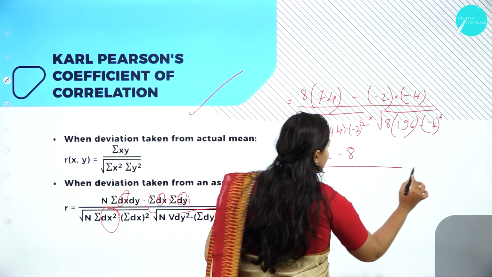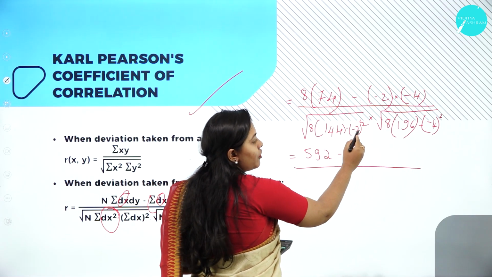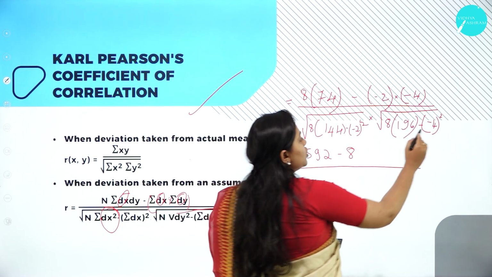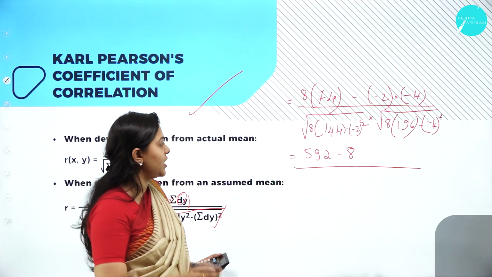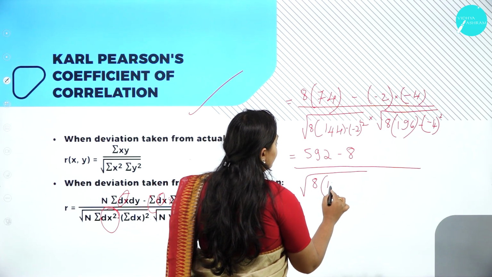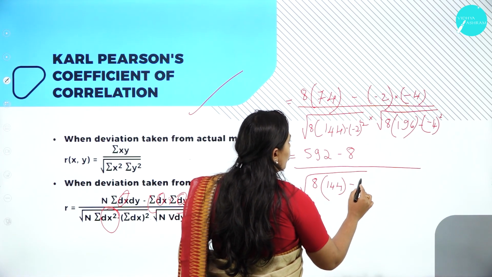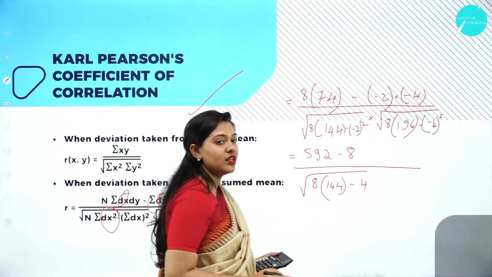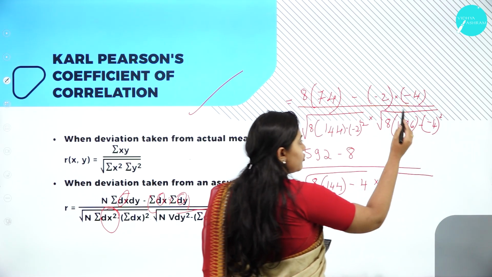Divided by 2 2s are 4, 4 2s are 8, 2 2s are 4, 4 4s are 16. 8 into 144, minus 2 2s are 4, minus into minus plus, into 4 4s are 16.